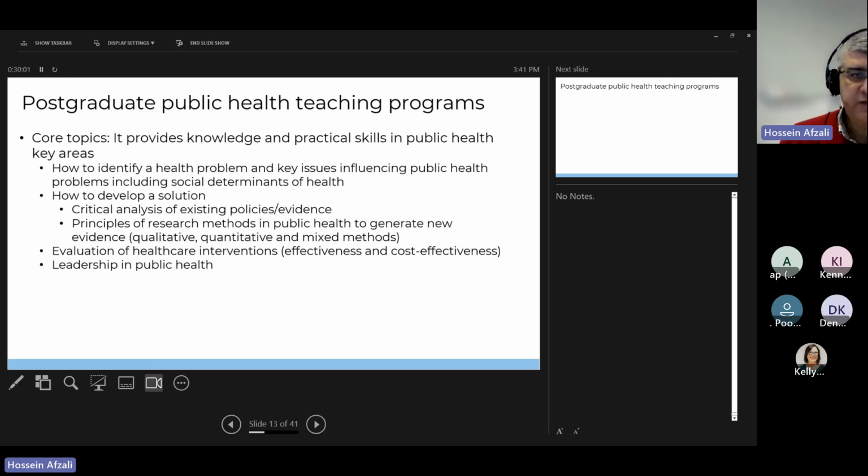The third theme that we cover is evaluation. So again, we talk about how, when you develop your public health intervention, to evaluate its effectiveness, and within the economic evaluation, how to assess the cost effectiveness of the intervention. And finally, in terms of leadership, one of the key competencies is leadership in public health.